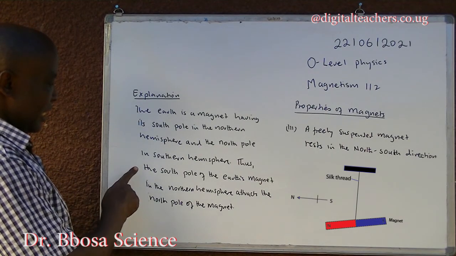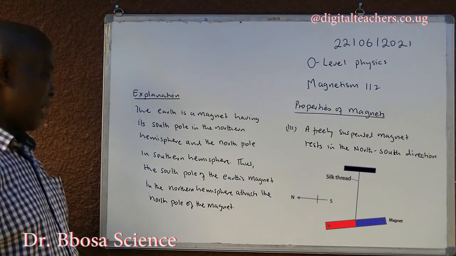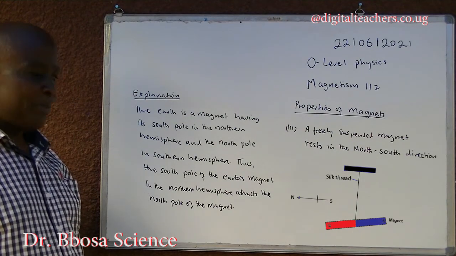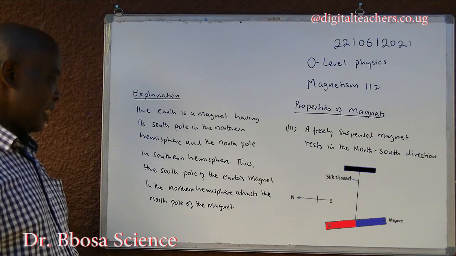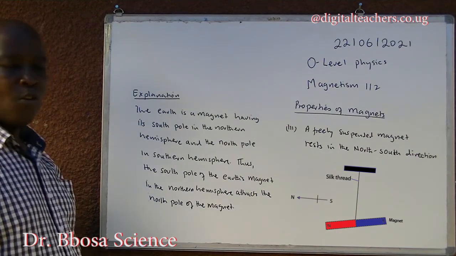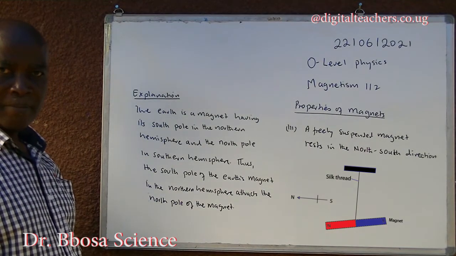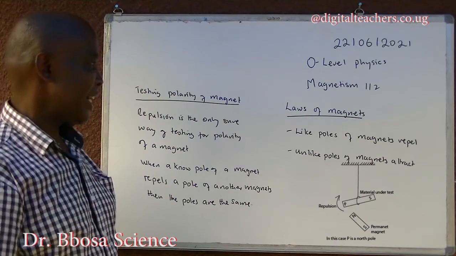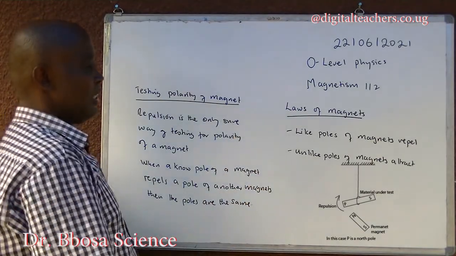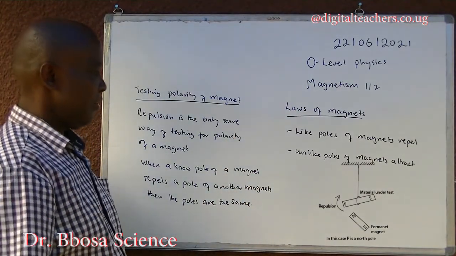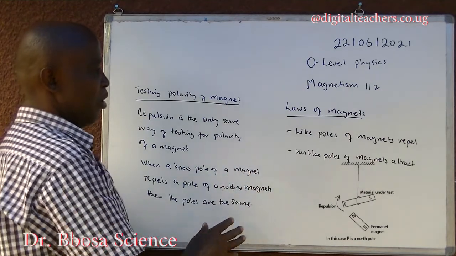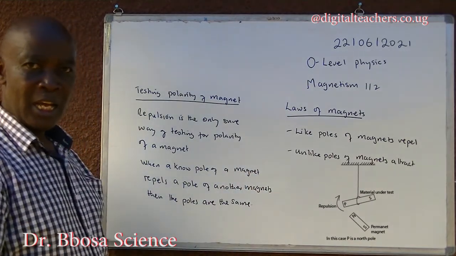Thus, the south pole of the Earth's magnet in the northern hemisphere attracts the north pole of the magnet. Laws of magnets: like poles of magnets repel, unlike poles of magnets attract.